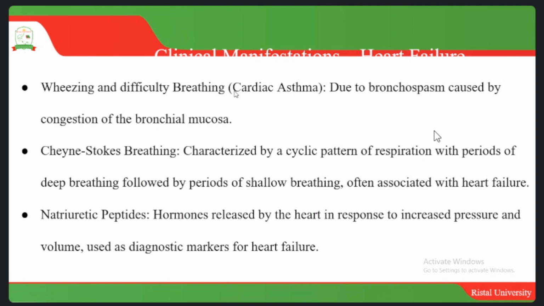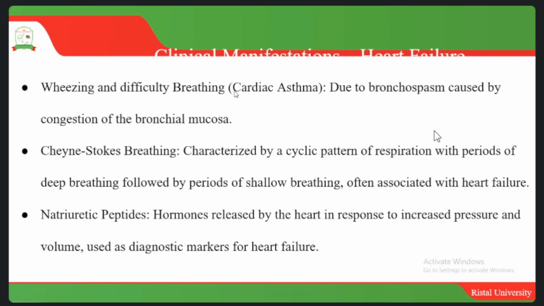And markers are basically any kind of investigation that you do and it becomes positive, and when you see it, you know that this is it. So a marker is basically one of the standard goals which you can use to identify that someone has heart failure.